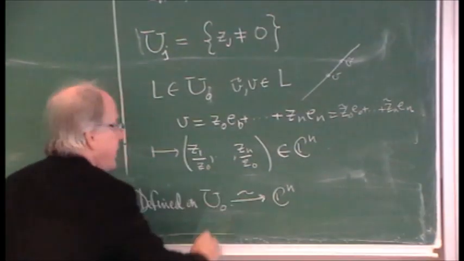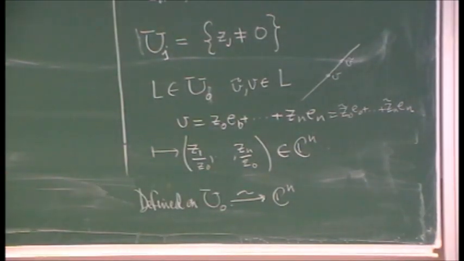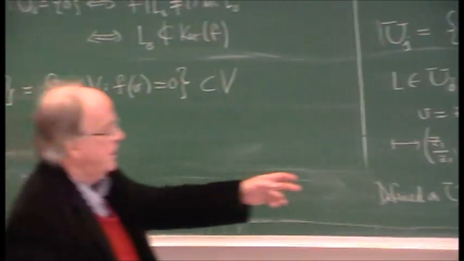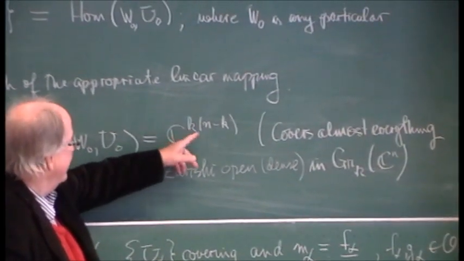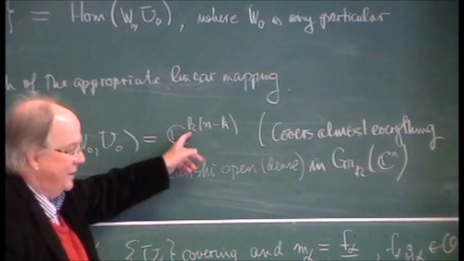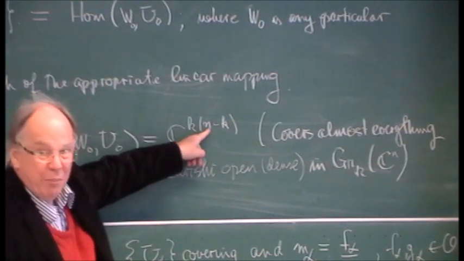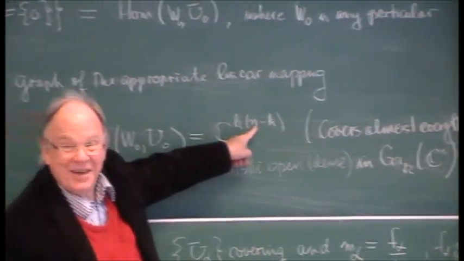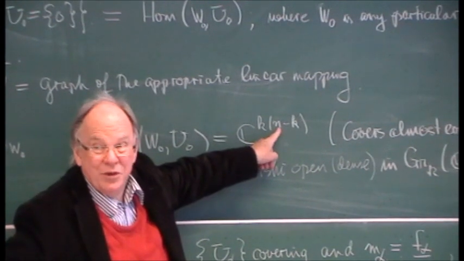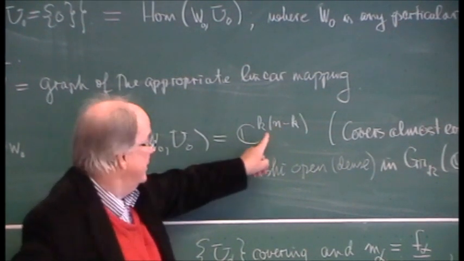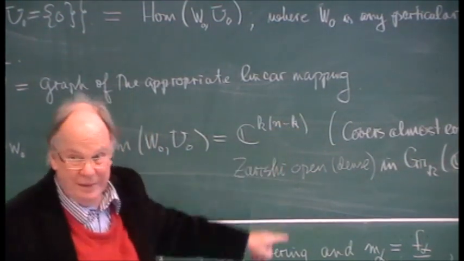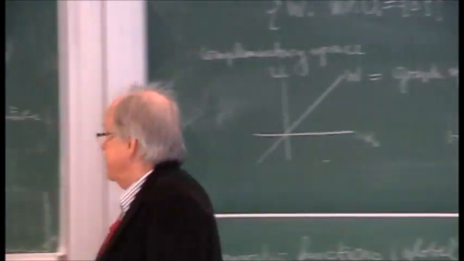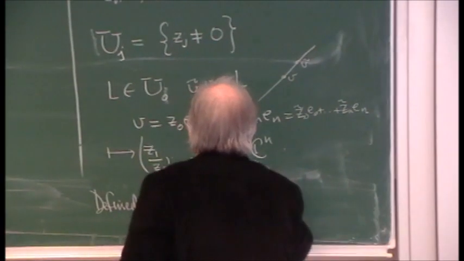You get all possible vectors here. Actually, here would be n plus 1, because I took n plus 1 dimensions. So it's n plus 1 minus 1, giving Cn.